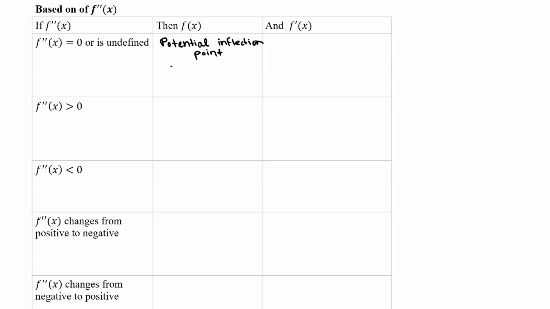And then if our second derivative is undefined, then f prime has got to be undefined. F could also be undefined. It doesn't have to be, but it could be.